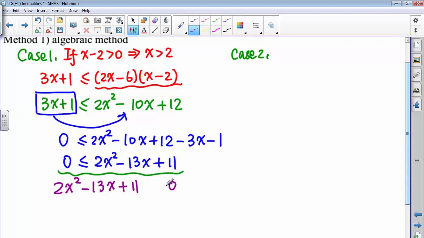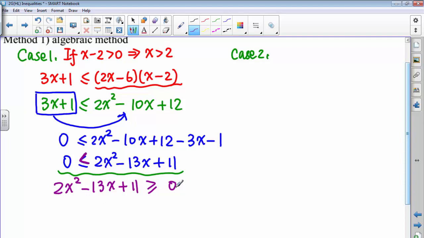That means I want to switch both of these two sides. When I switch these two sides, make sure you flip the sign as well, because this side is greater. If you look at the crocodile mouth, it's facing this side. So even if I swap these two sides, I still need to keep this side bigger than 0.